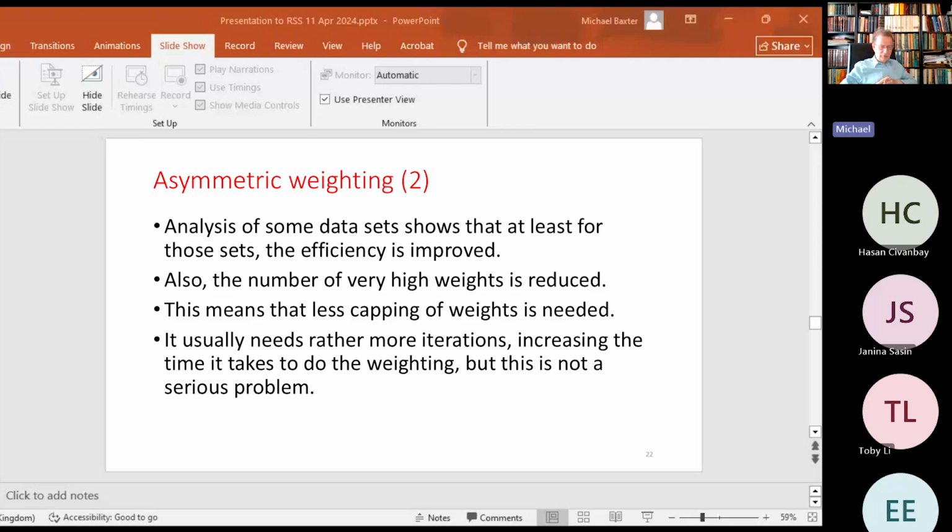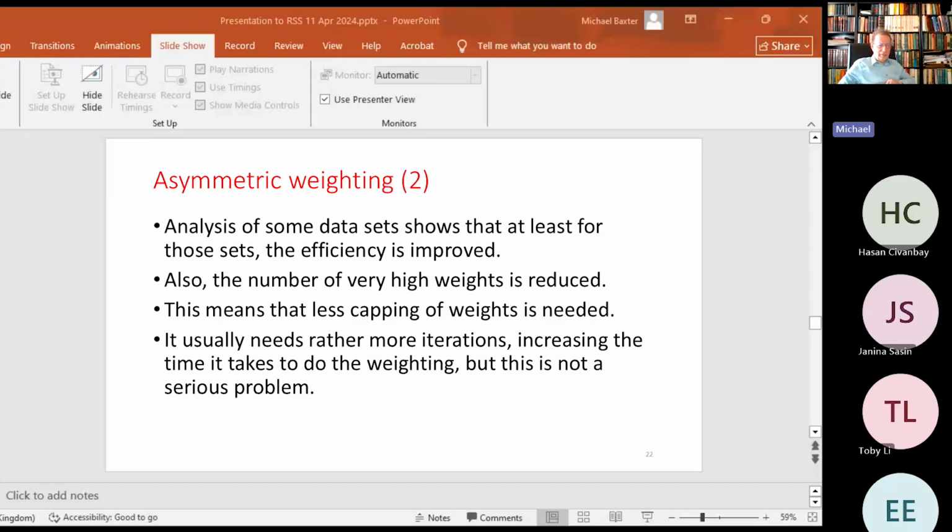As a downside, it usually needs rather more iterations, so it increases the time it takes to do the weighting. In my experience, this isn't a serious problem. With the data sets I've been using, it might mean it takes 7 or 8 minutes rather than 6 minutes. Not the end of the world.